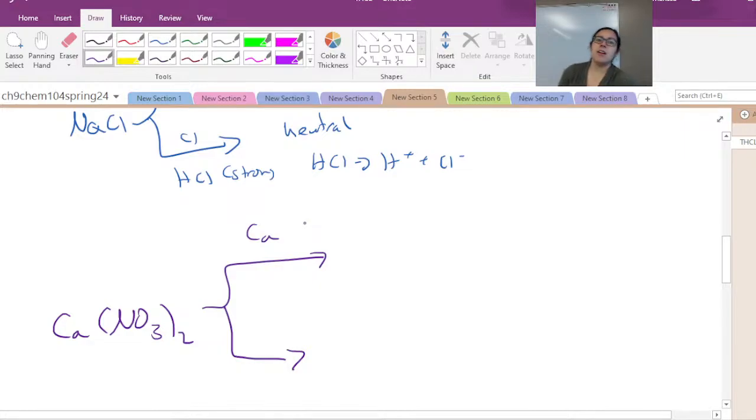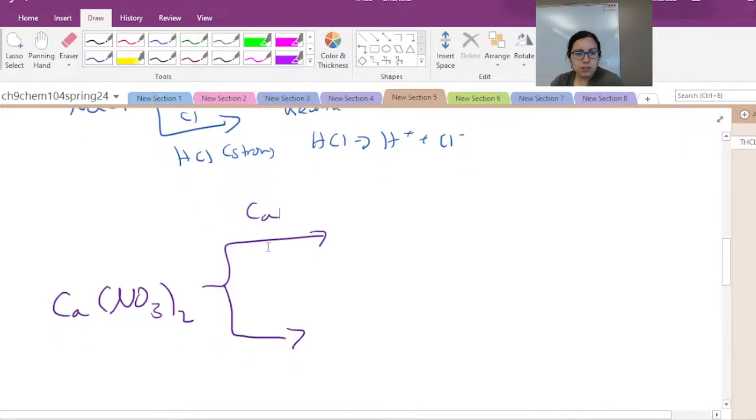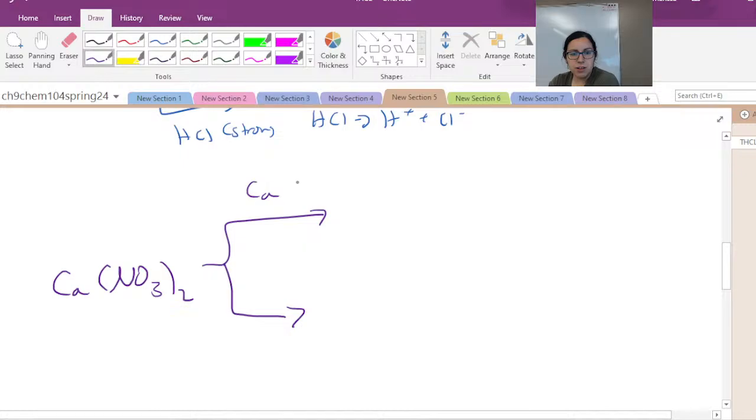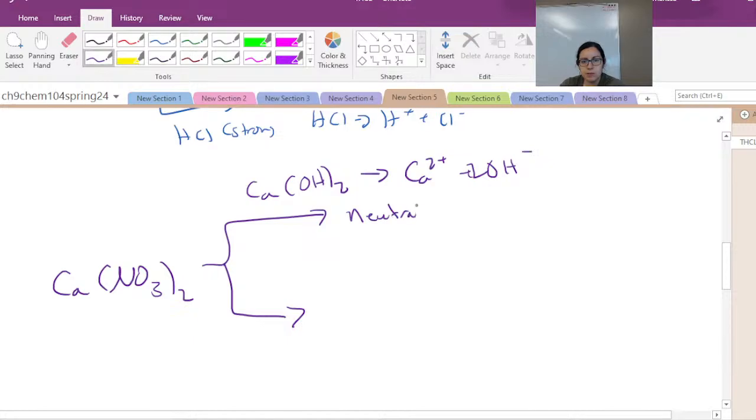Yeah, hydroxide. So going through the analysis of calcium nitrate, calcium comes from calcium hydroxide. So it's the counter ion of a strong base. It fully disassociates though, so it's not going to reform. So calcium is neutral. Same thing, where does nitrate come from in terms of acids? What's its acid pair with nitrate?